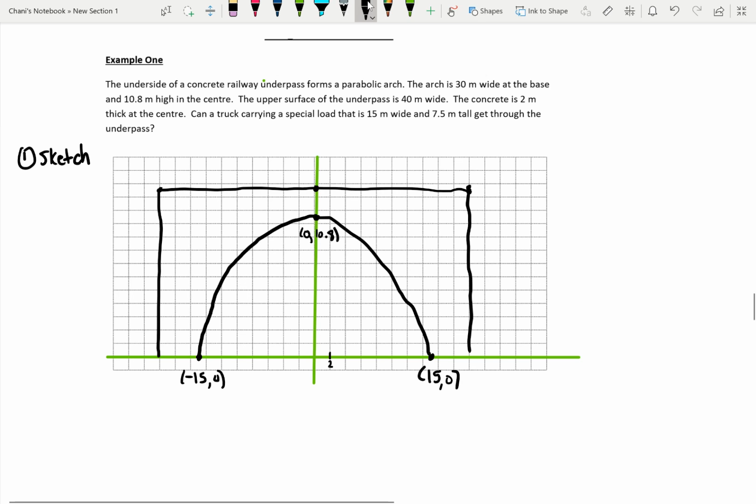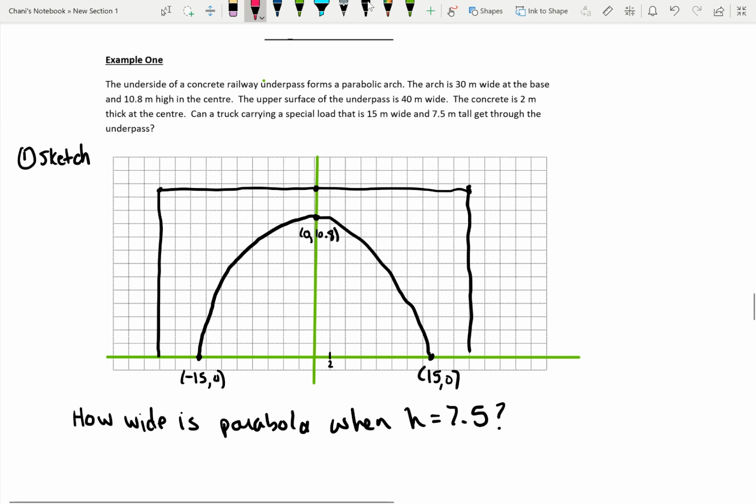But I like to think about this as, how wide is the parabola when the height equals 7.5? If it's greater than 15, then it can fit through there. And if it's less than 15, it can't fit through there.